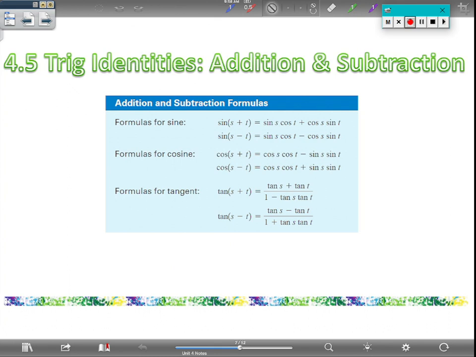So if you ask sine to add, look, sine adds. If you ask sine to subtract, sine subtracts. Very nice. Sine does what you ask it to. And notice also, sine shares.